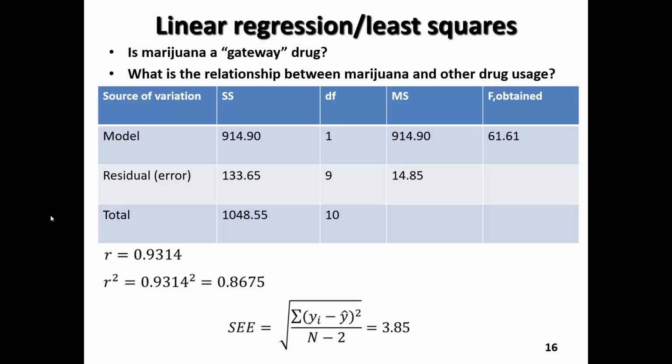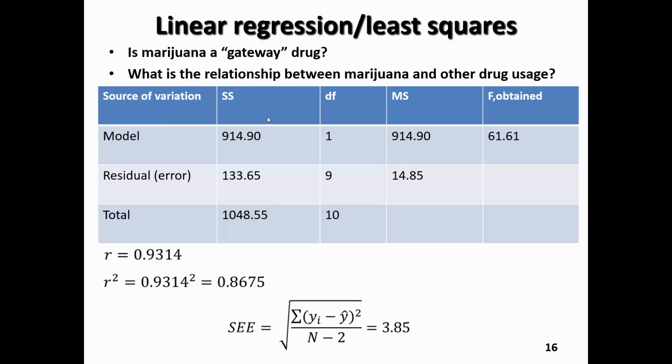So the degree of error, or the degree of the residual, reflects that amount of variation that we cannot attribute to the predictor variable. It's not accounted for, so we don't know what's causing this variation in the study because we only had one predictor. The total variation is the total of the model and the residual combined.